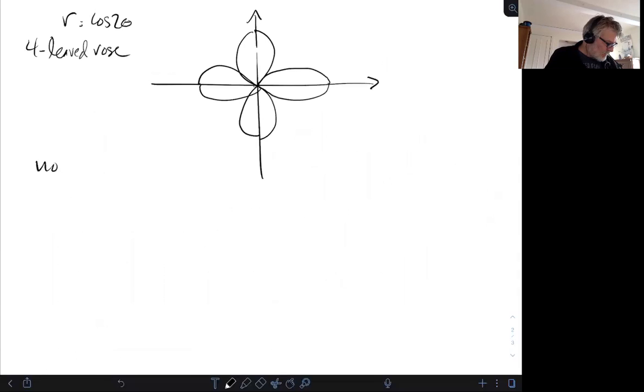So let's just go back over here. So notice that one leaf can be described as follows.